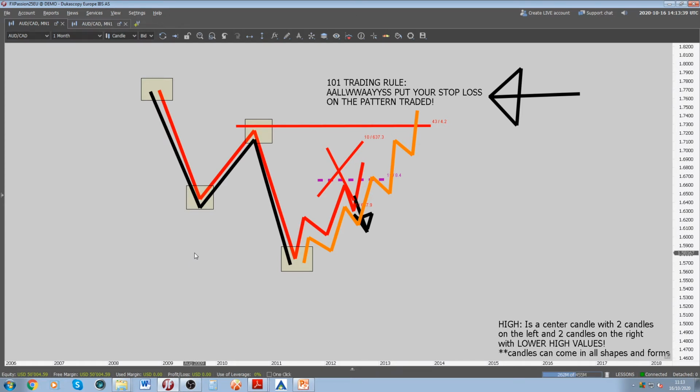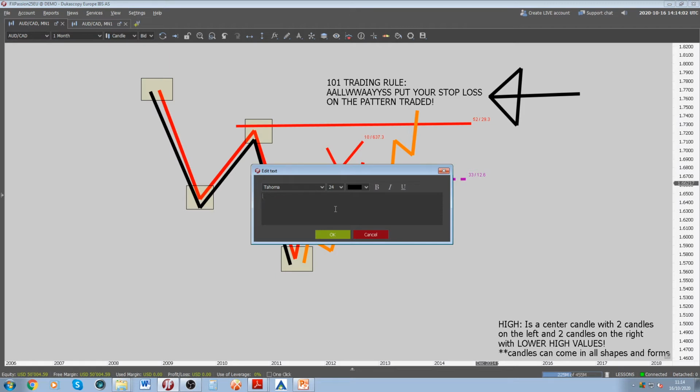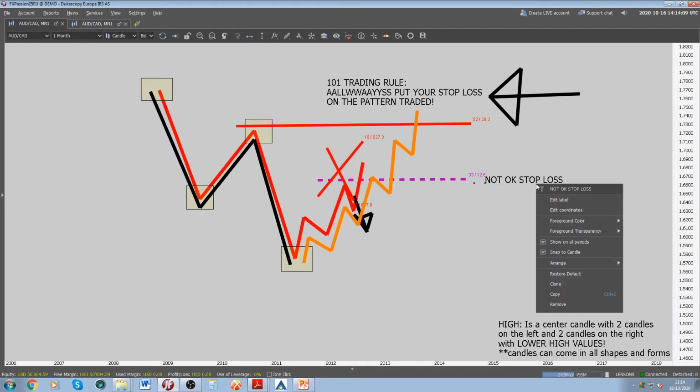Does this make sense to you, everybody? Can you understand this? As a beginner trader, can you understand this? The violet stop loss is not okay. The red stop loss is okay. Let's write this down. Not okay stop loss.